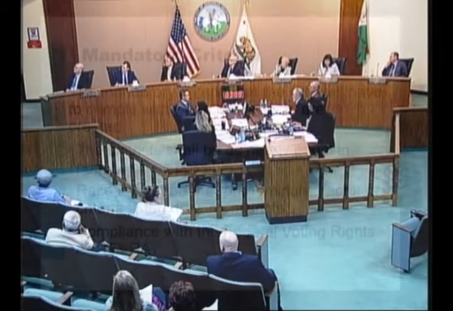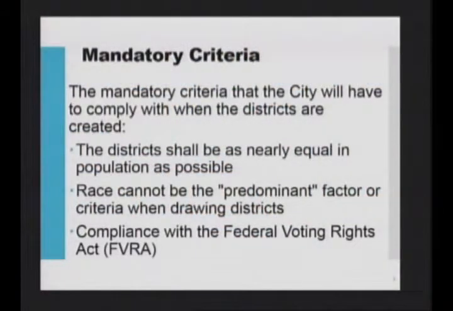Once again, as we're looking at the composition of the districts, there are several mandatory criteria. We have mentioned those before. We will continue to mention those. Once again, the districts shall be as nearly equal in population as possible. Race cannot be the predominant factor or criteria, and we have to, of course, comply with the Federal Voting Rights Act.